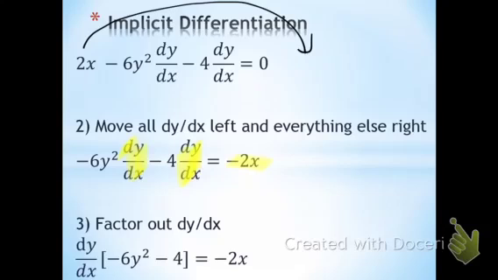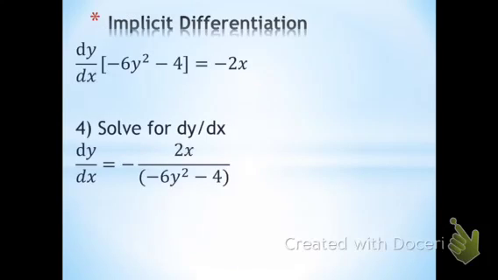Our last step then, to solve for dy dx, to get it by itself, is to divide by the negative 6y squared minus 4. All of this is going to wind up under here. We're going to divide both sides by that term, winding up with this expression on step 4: negative 2x over negative 6y squared minus 4.